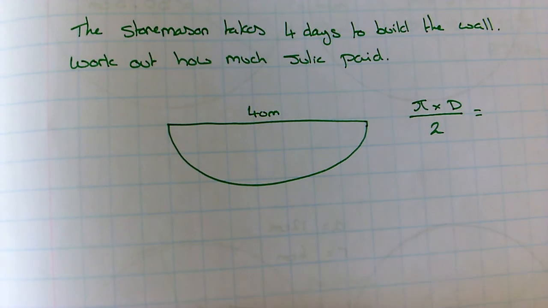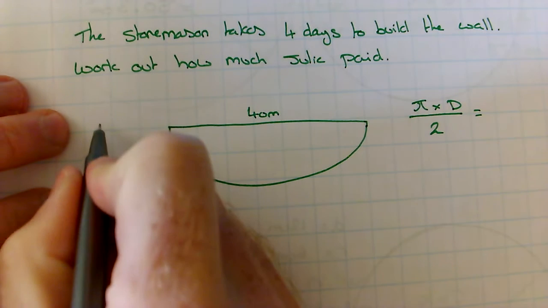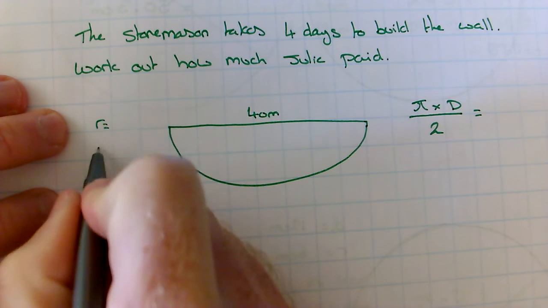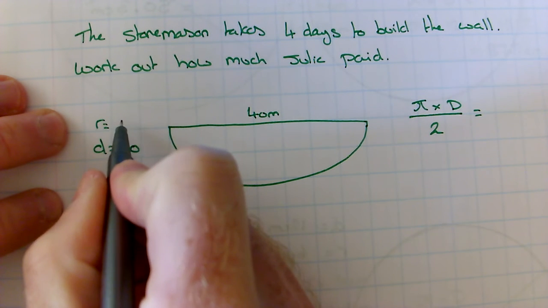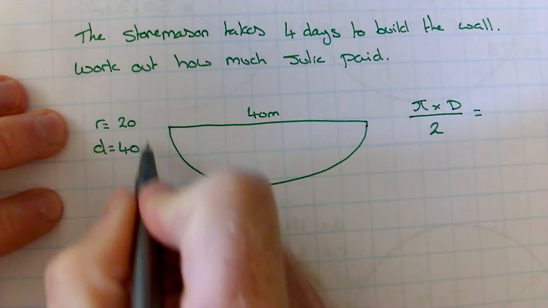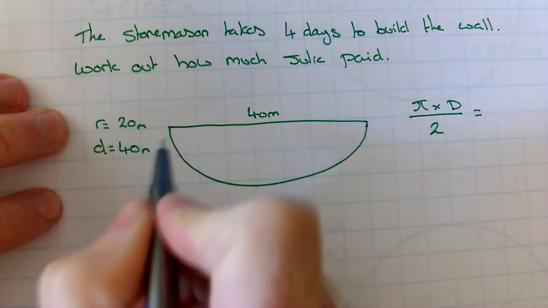But before I can even do that, we need to write down what the radius and the diameter are, just in case we need to use them later. So we know the diameter is 40, the radius is half of that, so the radius is 20 metres.